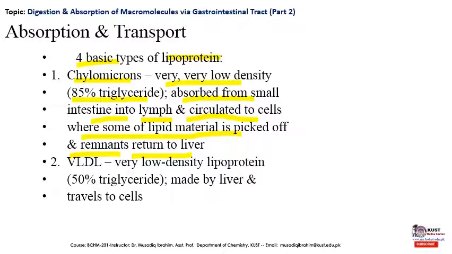The second type of lipoproteins are very low density lipoproteins. So they contain about 50% triglyceride, which is the fat part, and they are made by the liver and travel to the cells.